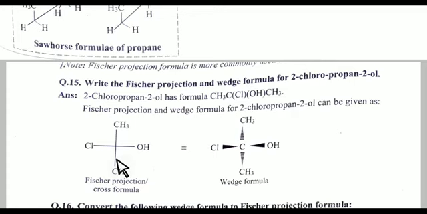I am repeating it: in the Fischer projection formula, a three-dimensional molecule is projected on the plane of the paper. It can be drawn by visualizing the molecule with its main carbon chain vertical. Each carbon on the vertical chain is represented by a cross. The horizontal line represents the bond projecting up from the carbon atom, and the vertical line represents the bond going below the carbon.